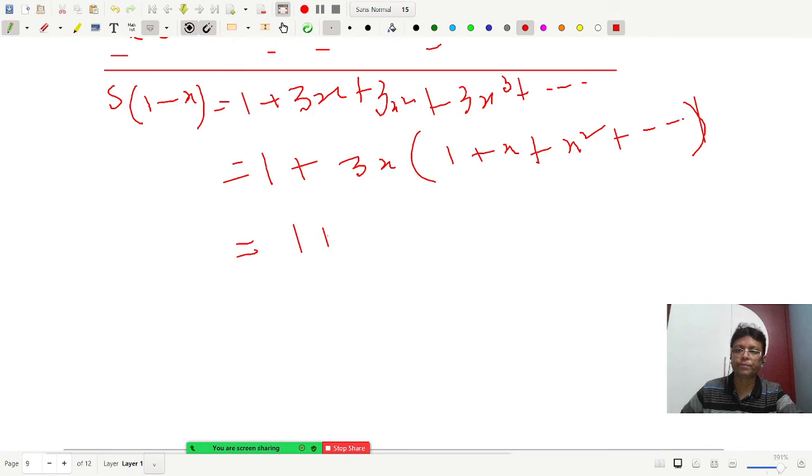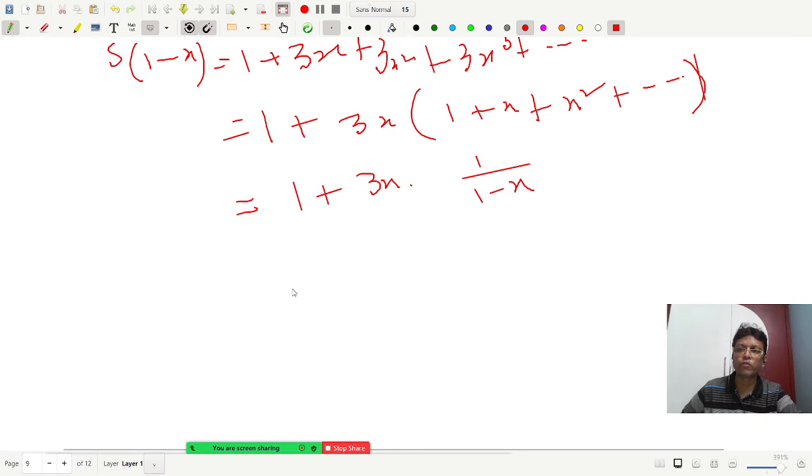So 1 plus 3x into 1 minus 1 over 1 minus x. So if you simplify and take S, this 1 minus x cross multiplied, if you simplify, you will get 1 plus 2x over 1 minus x whole square.